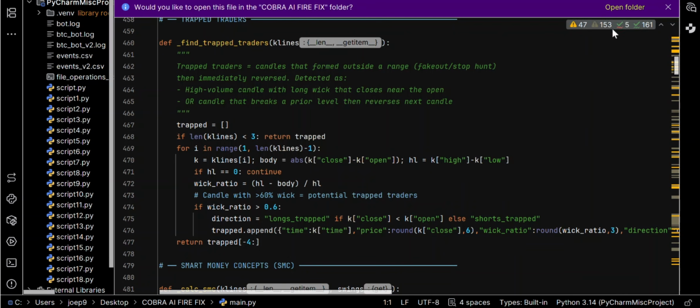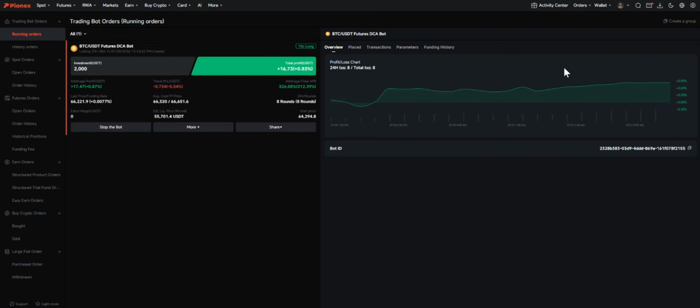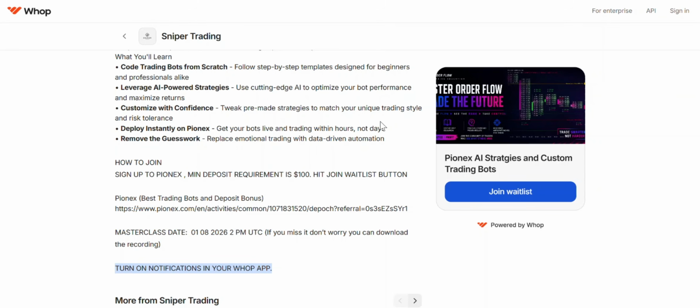Now, you're probably thinking, well, I don't know anything about Python. I'm not a coder, I'm not a developer. I know. And this is for you, because in this actual masterclass, you're going to get pre-made templates already for TradingView that you don't need to tamper around with. They're ready to go.